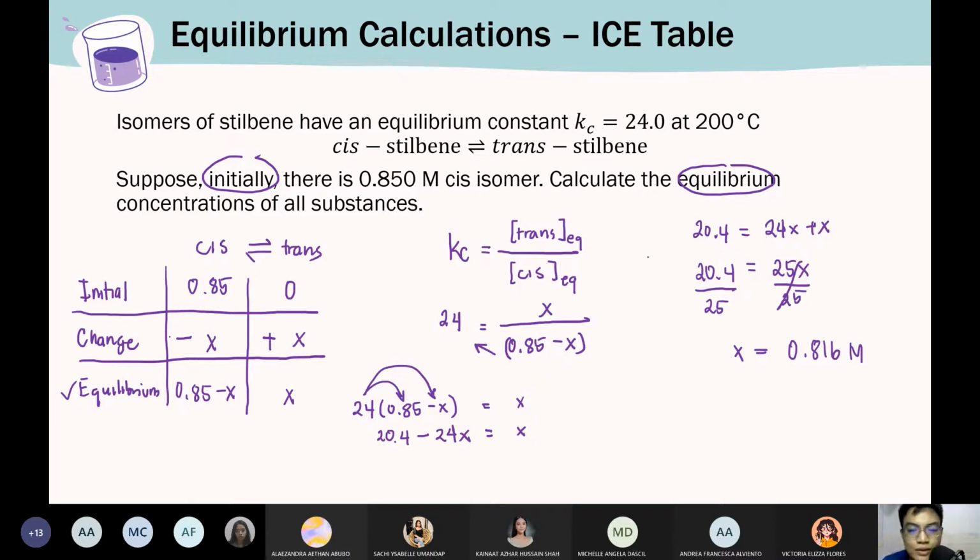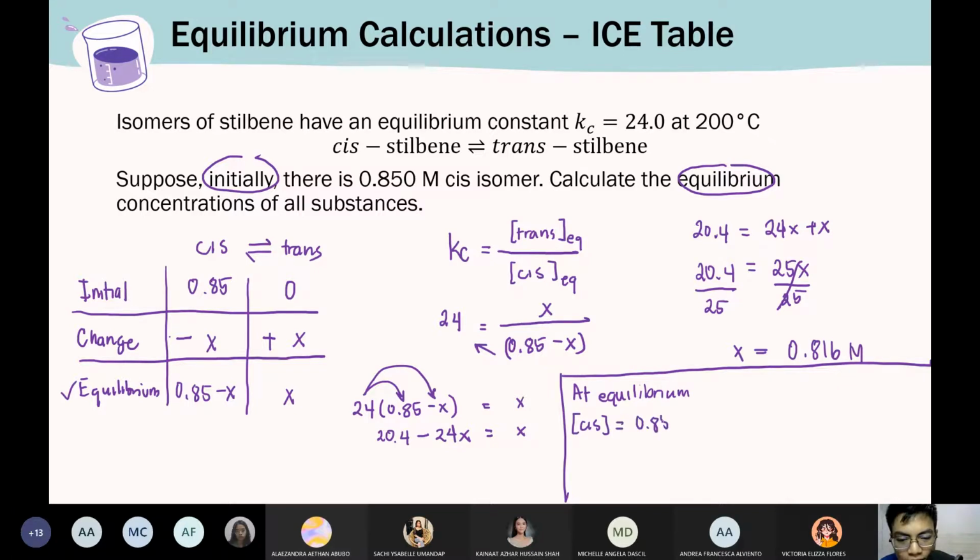Okay? So, meaning, the final answer should be written this way. Okay? So, at equilibrium, ganito yung gagawin niya. Okay? So, for the concentration of cis, that will be 0.85 minus x.